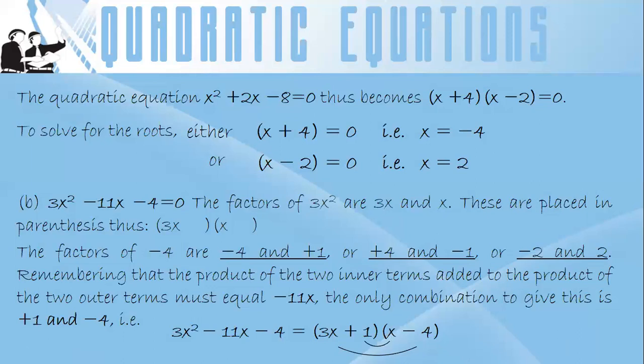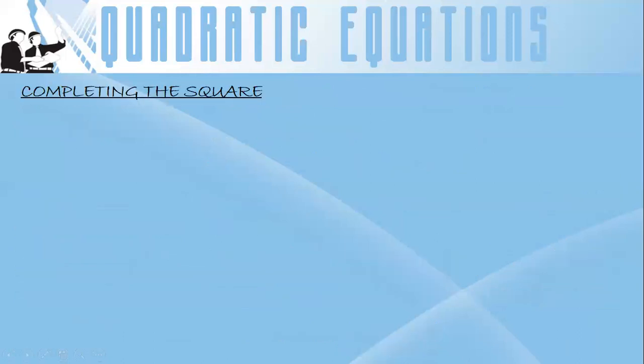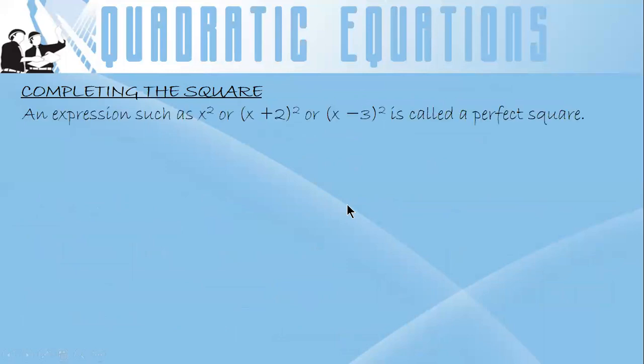So if you don't like factorization, even if the equation can be factored, you can try the second method, which is completing the square. What is completing the square? An expression such as x squared, or quantity x plus 2 squared, or quantity x minus 3 squared is called a perfect square.